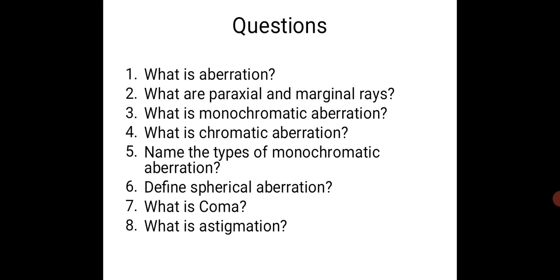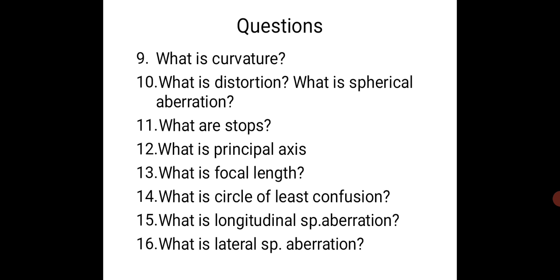So at the end of this session number 11, with respect to aberrations, you are able to answer questions like what is aberration, what are paraxial and marginal rays, what is monochromatic aberration, chromatic aberration, and the types of monochromatic aberrations: spherical aberration, coma, astigmatism, curvature, and distortion.